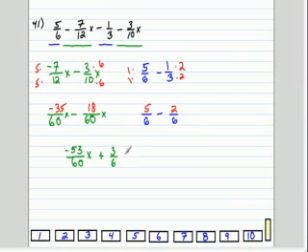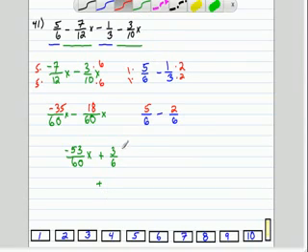Well, no. Because we can do what to 3/6? Right. We can reduce that. So 3/6. Oops, sorry. Divide both of those by 3.